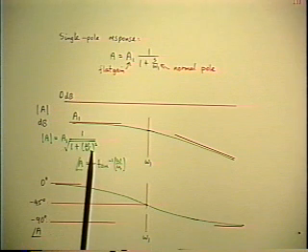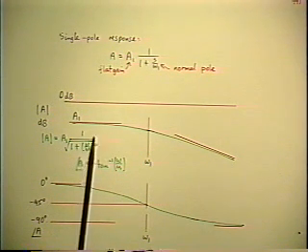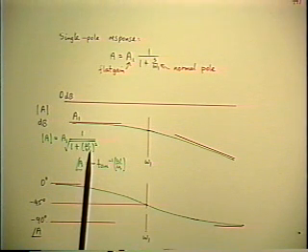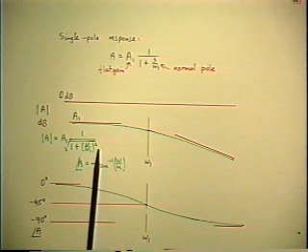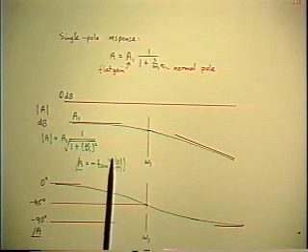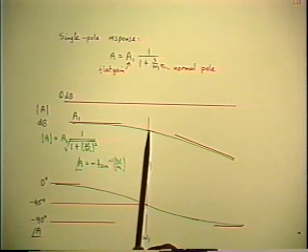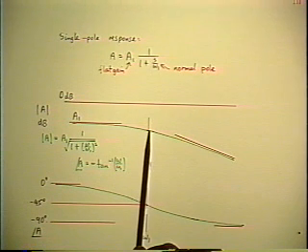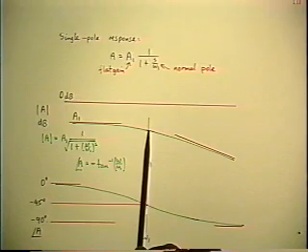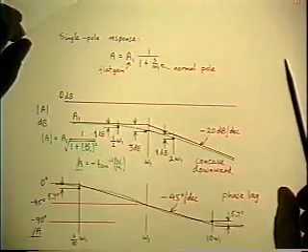If you evaluate that function at the corner frequency, omega equals omega 1, you get 1 over the root of 1 plus 1. 1 over root 2, which is 10 times the log of 2, 10 times 0.3010 is 3.01. You forget the 01, and you say that this is the 3 dB down point. So the actual magnitude at the corner frequency is 3 dB below the asymptote intersection.